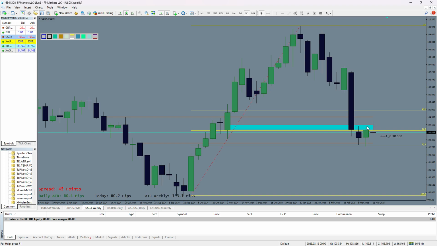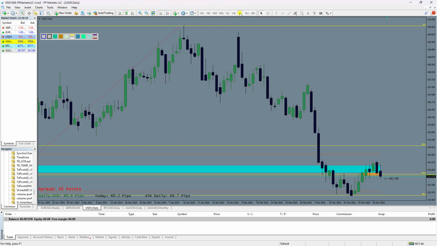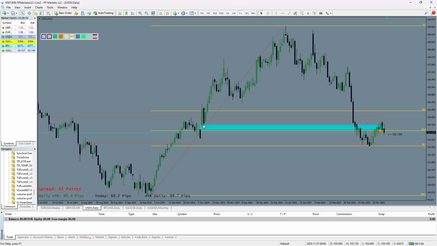This blue one is a daily opening gap, but it was so big that I can't ignore it. This daily opening gap between 5th of November 2024 and 6th of November 2024 is so big that I can't ignore it.